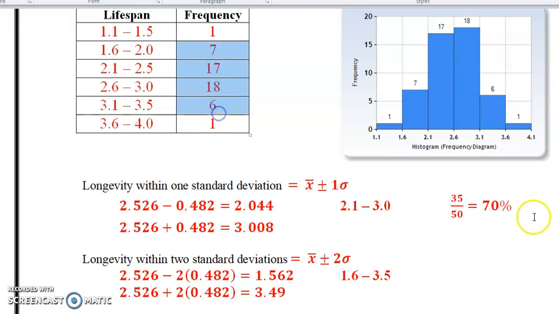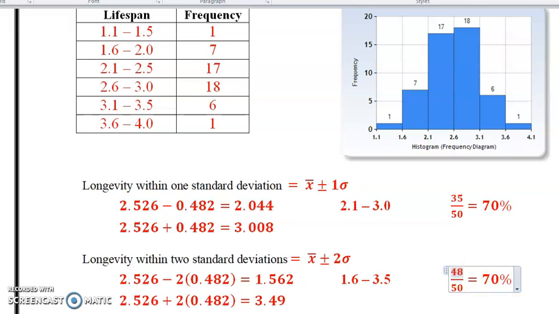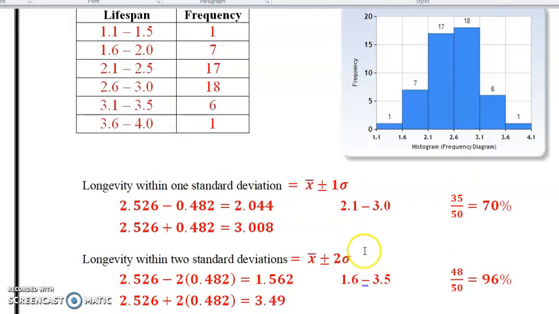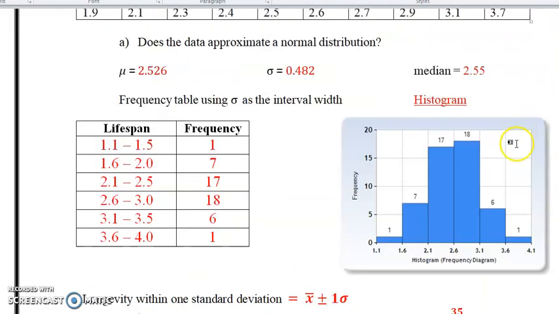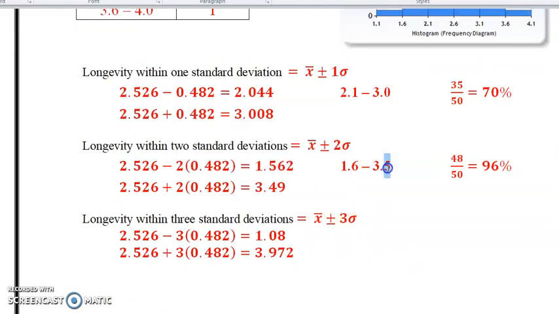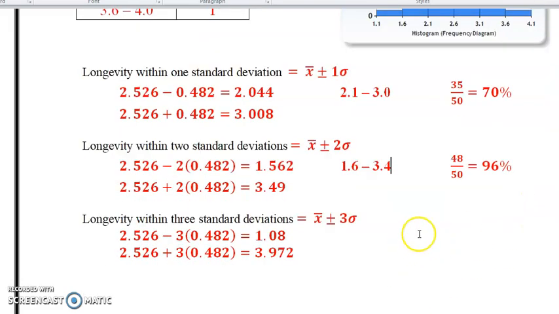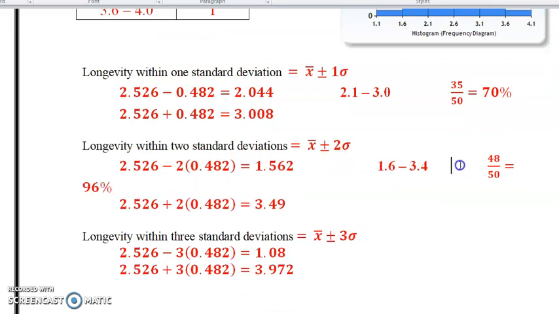So the fraction is going to be 48 out of 50, which ends up being 96%. Now, like I said, if you were to round that down and you didn't include 3.5, there's no 3.5 anyway, right? So we can do it up to including 3.4. It doesn't make a difference here. Again, these are estimates just to see, does it look like we have a normal distribution, right?